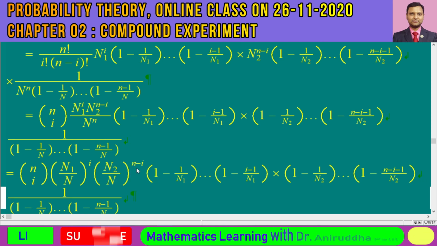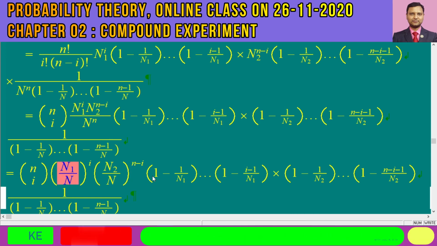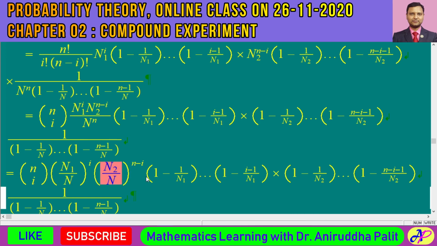So now p has been taken as equal to n1 by n, therefore q is equal to n2 by n, and now take the limit as n tends to infinity.